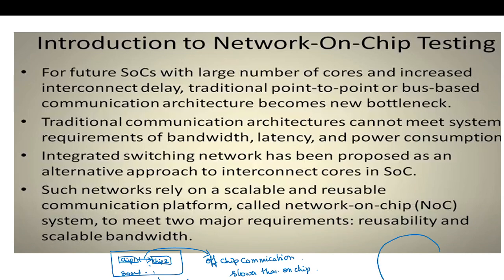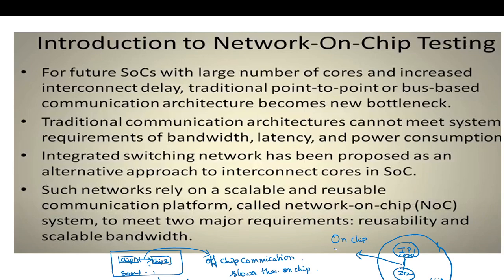Now next, to solve this problem that off-chip communication is slower than on-chip communication, we came to IP cores. Say IP1 and IP2 are connected, so core 1 and core 2 are connected. This is in an SoC chip. So on-chip communication is faster.